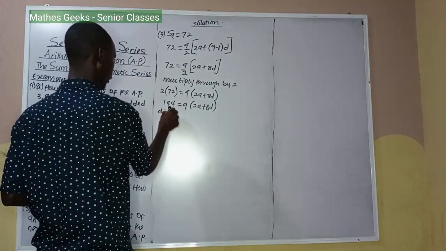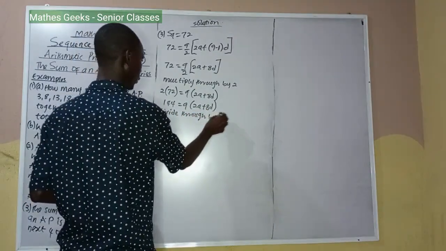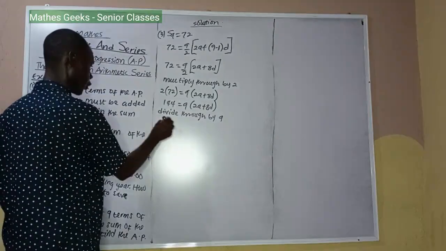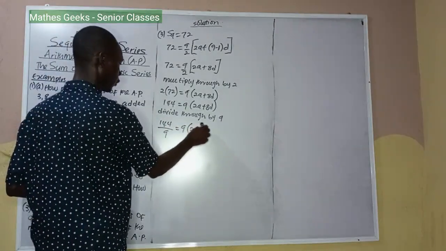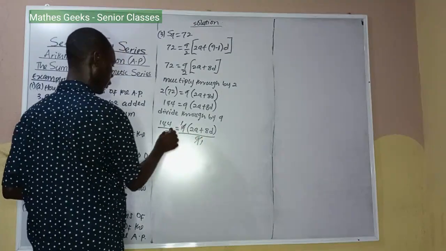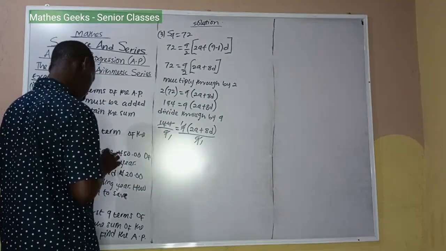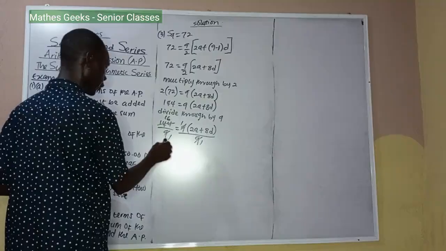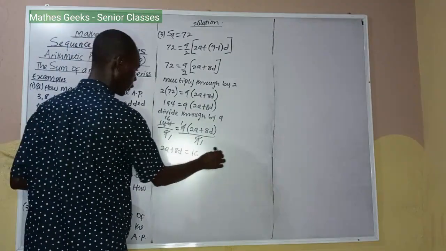Divide through by 9. 144 divided by 9 is 16. So 2a plus 8d is equal to 16.